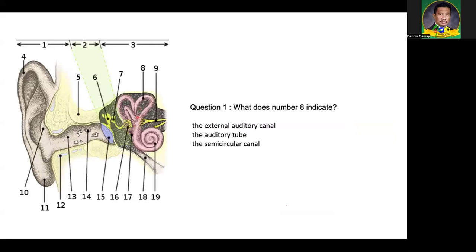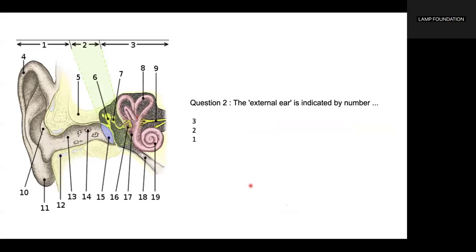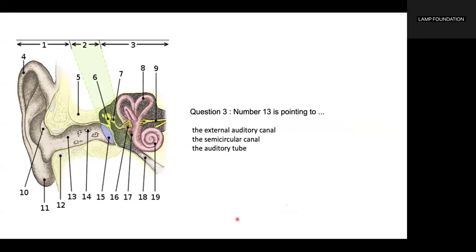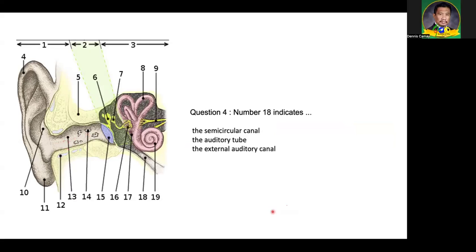The semicircular canal. External ear, what number? Number 1. Number 13. The external auditory canal. Number 18. The auditory tube.